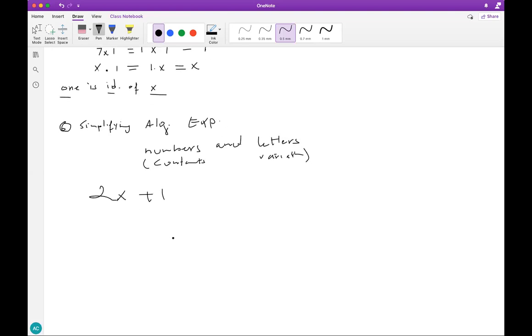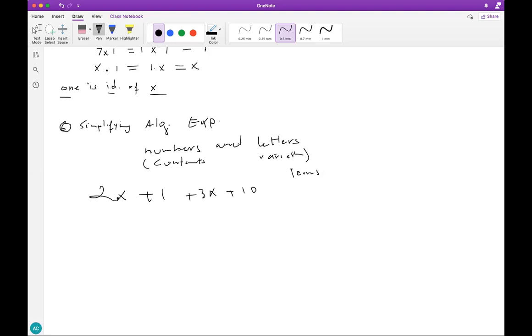Now let's see how to simplify. Let's make this one a little longer, maybe somewhere like this, and plus 10. So this is an algebraic expression with 1, 2, 3, and 4 what we call terms. Each variable term always has a coefficient.